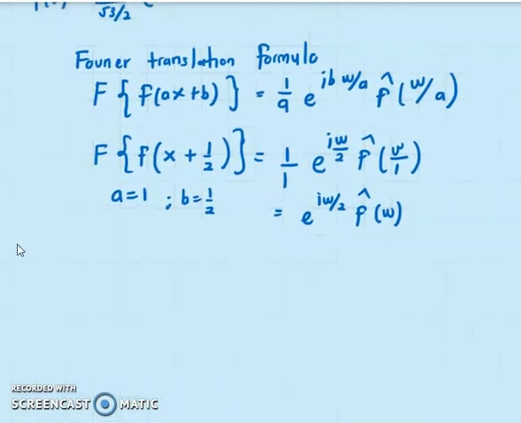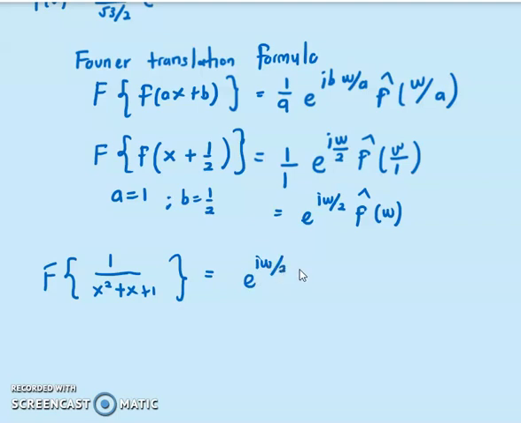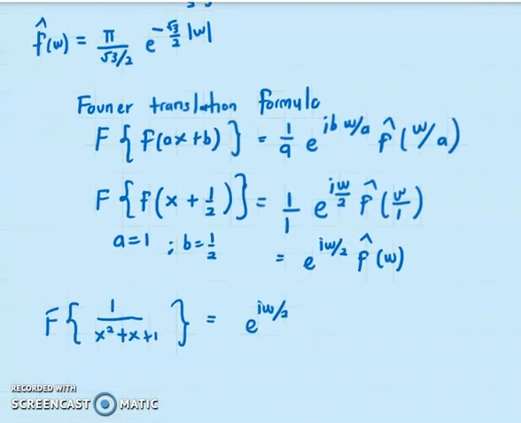Therefore, the Fourier transform of 1 over x squared plus x plus 1 is given by e to the i omega over 2 times f hat of omega, which is pi over square root 3 over 2, e to the negative square root 3 over 2 omega.